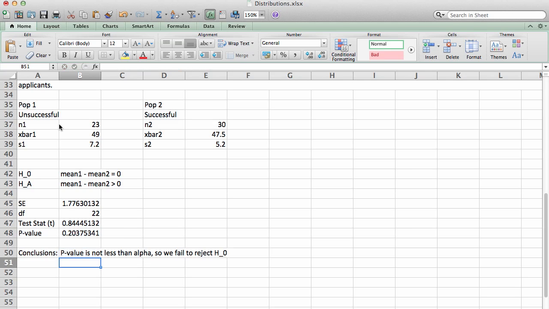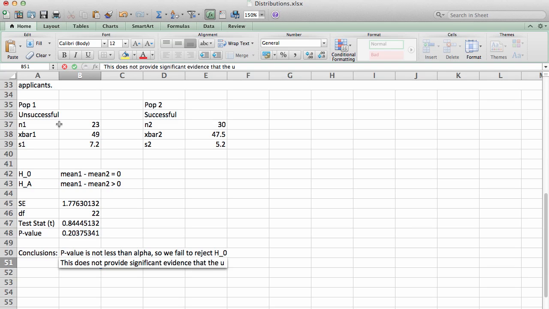In context, that means that we found that this sample does not provide significant evidence that the unsuccessful population has a mean age higher than the successful population. That's our interpretation of this p-value in the context of this claim.